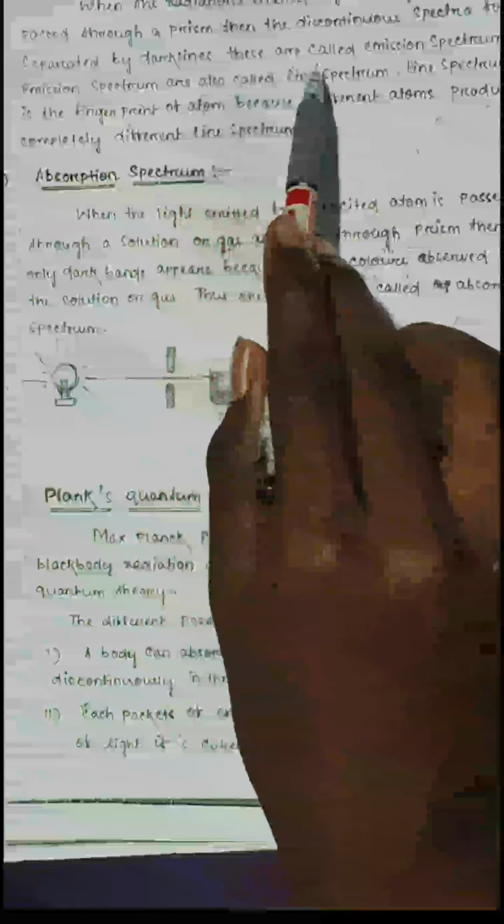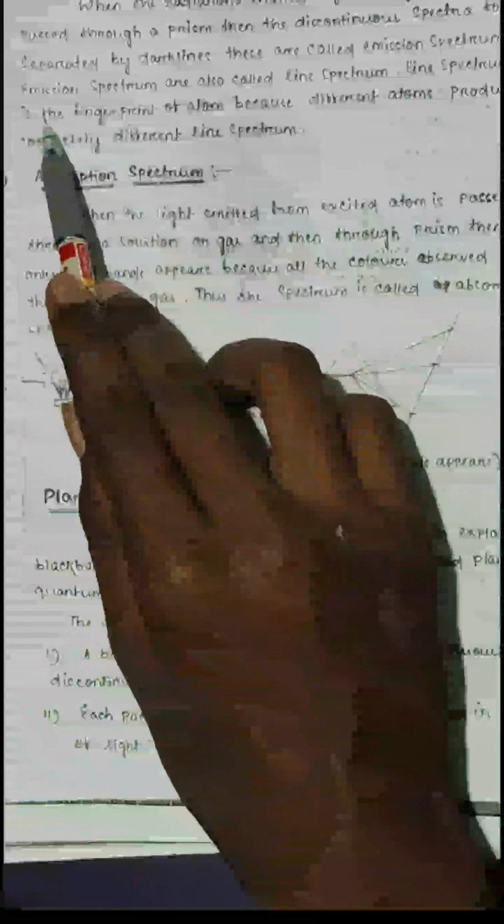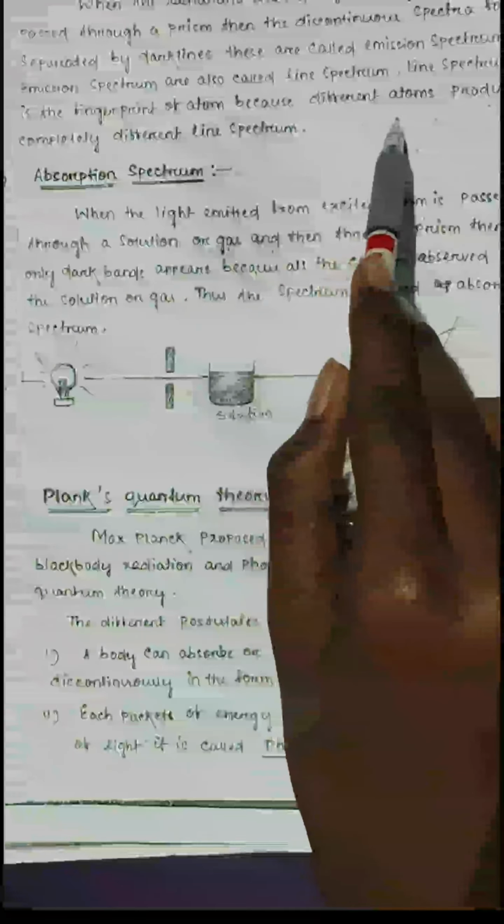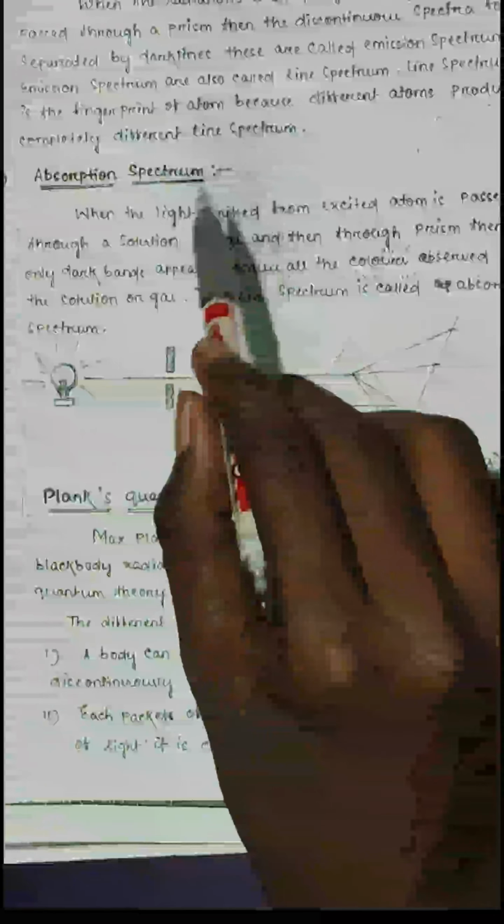When radiation emitted by the excited atom passes through a prism, then discontinuous spectra separated by dark lines are formed. These are called emission spectrum. Emission spectrum is also called line spectrum. Line spectrum is the fingerprint of the atom because different atoms produce completely different line spectra.